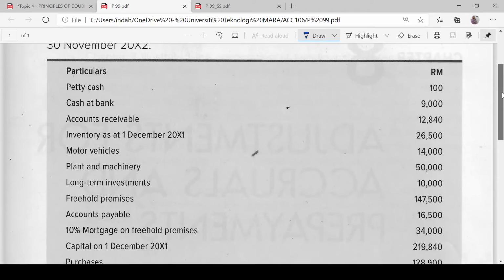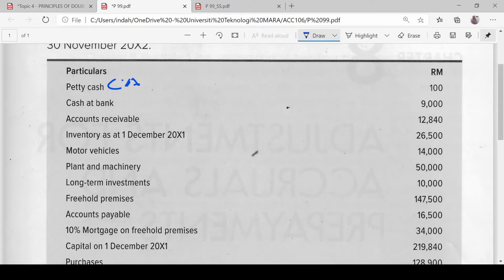Let's start from petty cash. When I classify these items, I'm going to be quite specific. Instead of asset, I'm going to classify them into either current asset or non-current asset. So petty cash is current asset.